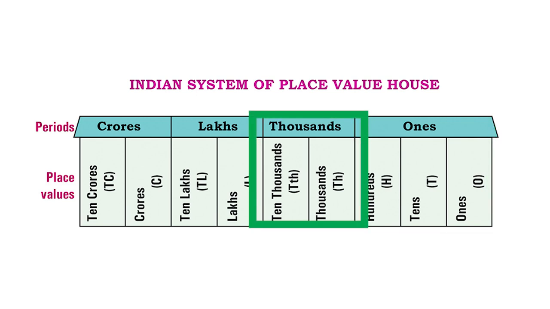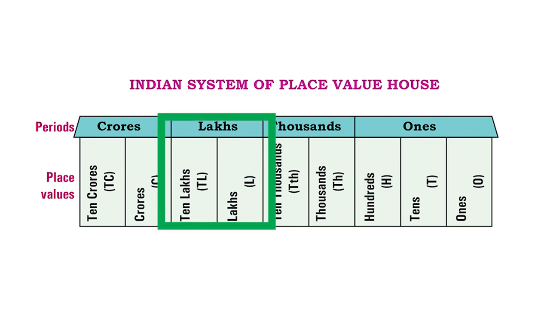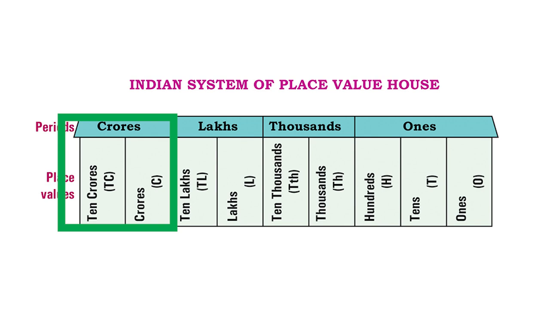Then you have the thousands period, that's the group of thousands and 10,000s. And then you have the lakhs period, which has lakh and 10 lakh. And then you have the crores period, crore and 10 crore. Now these periods are important because when you have to read the number, you will have to read it using these periods.